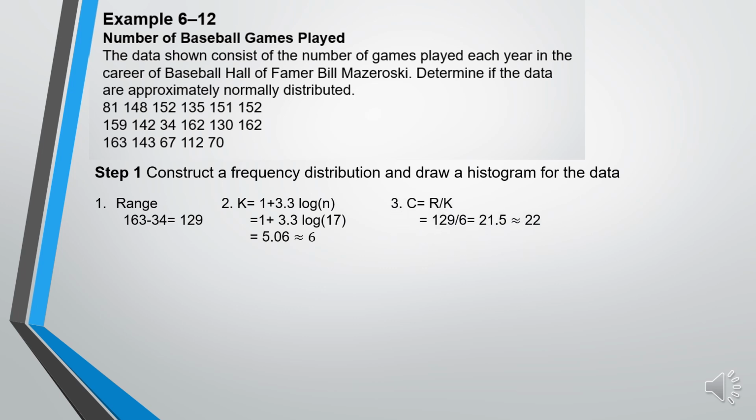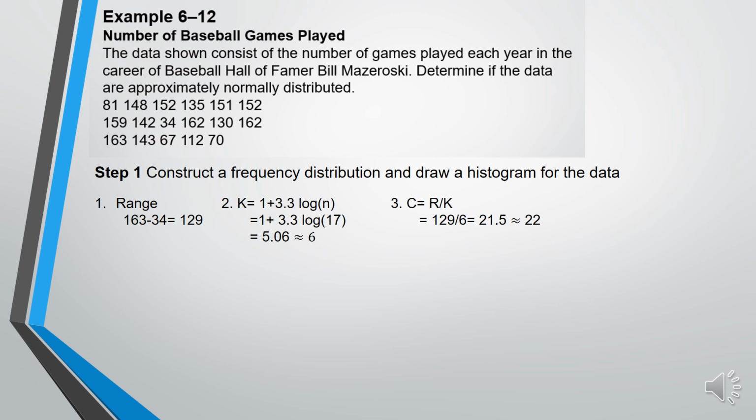Next is to find c, where c is the class width. So it is equal to the range divided by k, where the range is equal to 129 and k is equal to 6. So it is equal to 21.5 or approximately 22.